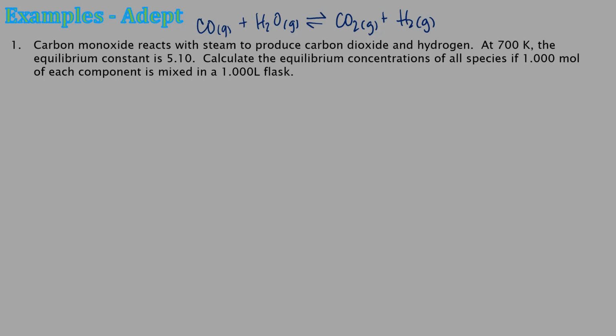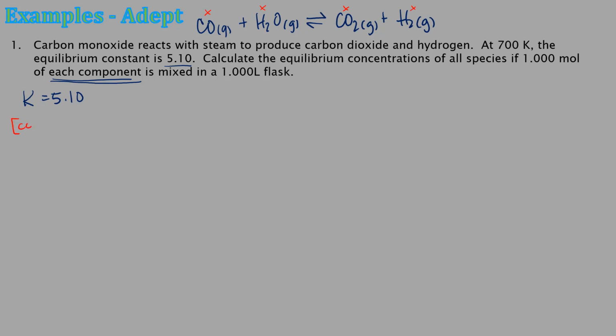Okay, and it says at 700 the equilibrium constant is 5.10, so K is equal to 5.10, and it says calculate the equilibrium concentrations of all species if 1 mole of each component is mixed in a 1 liter flask. So what that tells me is that every single one of these up here is starting out with 1 mole per liter, right?